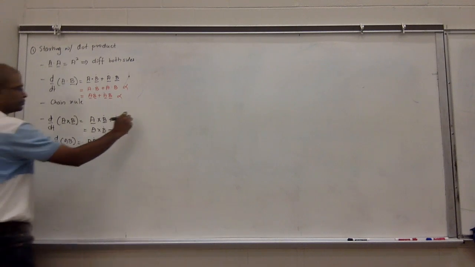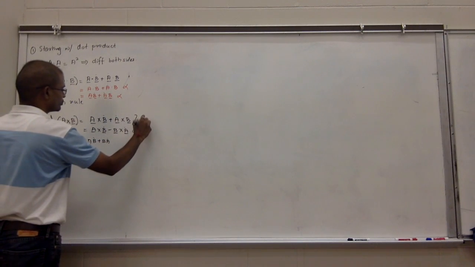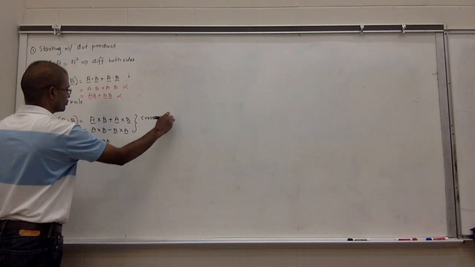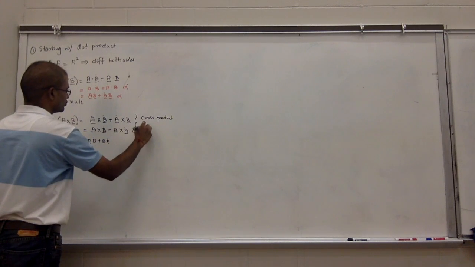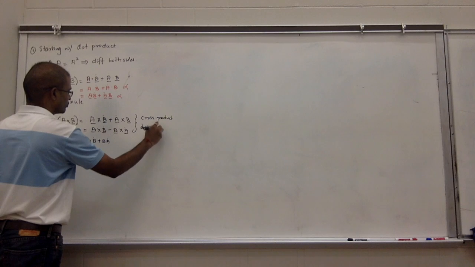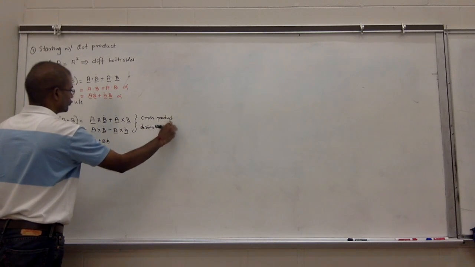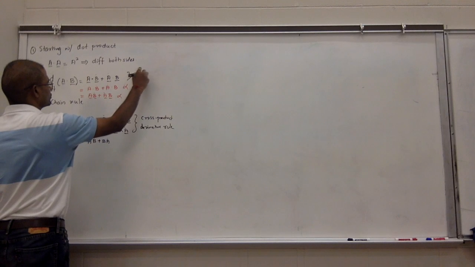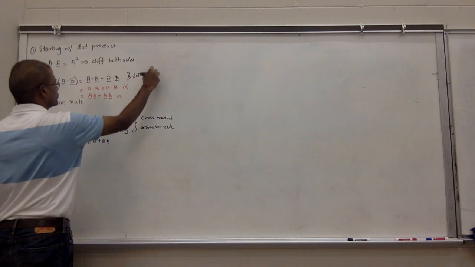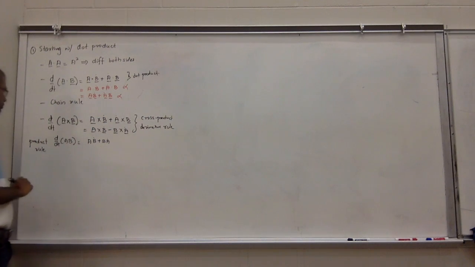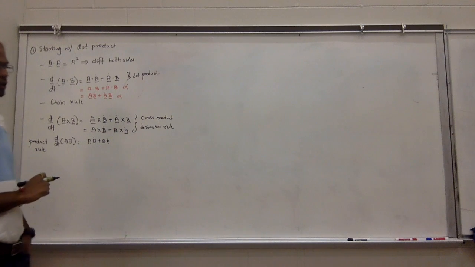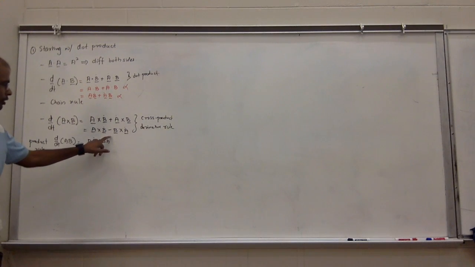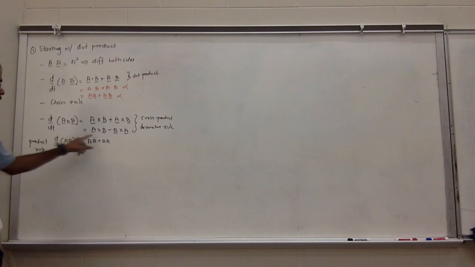This is your dot product. You want to relate it to your traditional dot product. Because the cross product is anti-commutative, this is what you get.